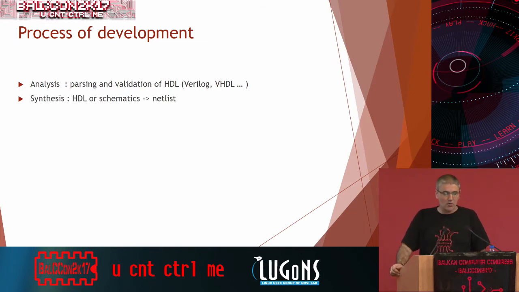Then we have a process called synthesis. Synthesis is when we transform that HDL, hardware description language, or schematic, into the netlist. And the netlist is basically a thing that we afterwards use in place and route.